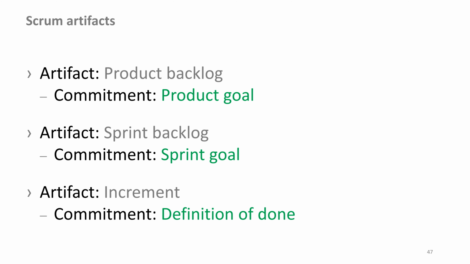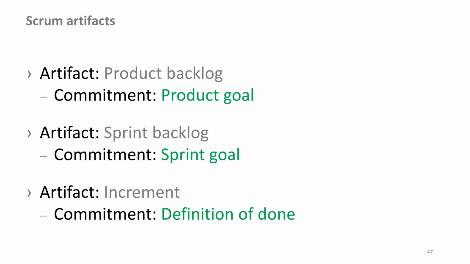The definition of done is a formal description of the state of the increment when it meets the quality measures required for the product. The moment a product backlog item meets the definition of done, an increment is born.